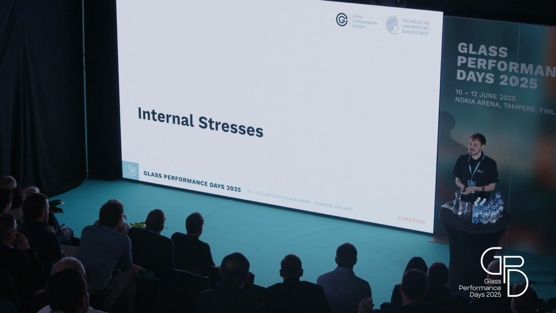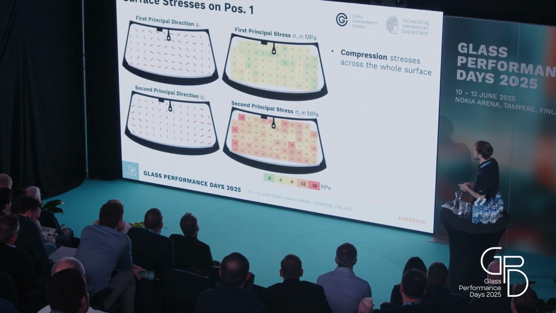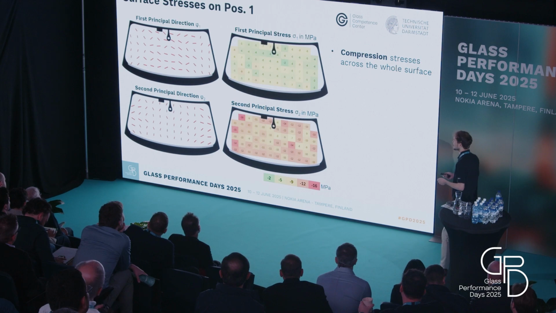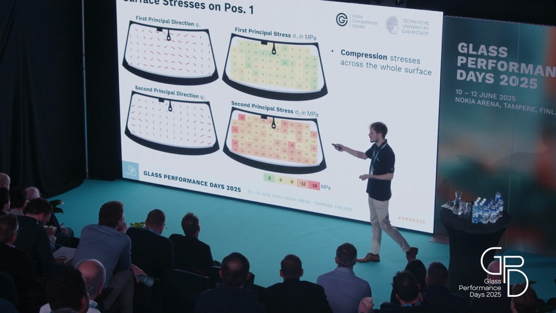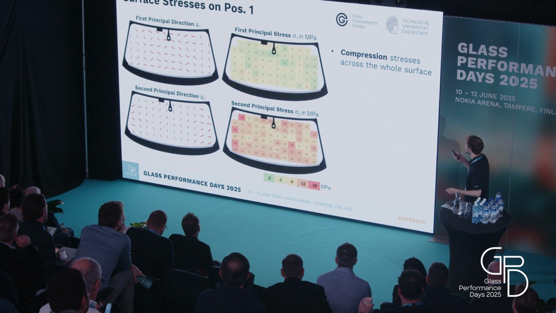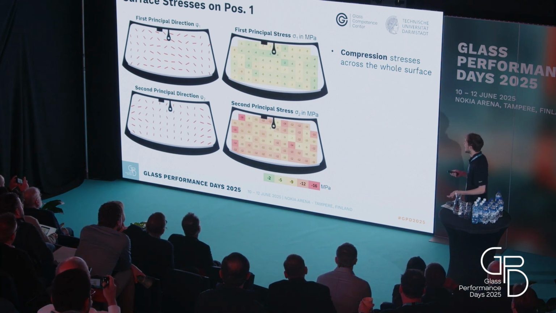Okay, now to the actual internal stresses. Here is an example result for the surface stresses on position 1. We have the first principal stress and the second principal stress and the corresponding directions. The first observation we can make is that we only have compression stresses across the whole surface.